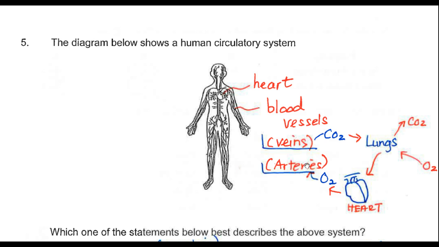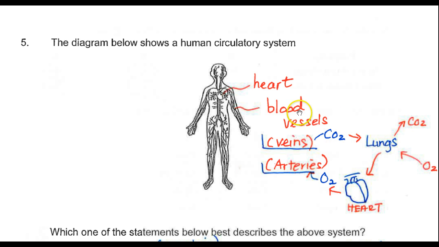So after the body used up the oxygen, the waste carbon dioxide came up from the cells. The body cells purge out the carbon dioxide gases in the blood, and they are actually transported through veins, right? These veins will transport back to the lungs, and from the lungs, it will be exhaled out of the body, and at the same time, the whole cycle goes in again.